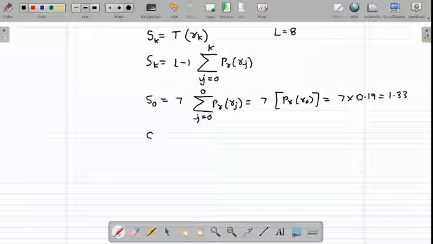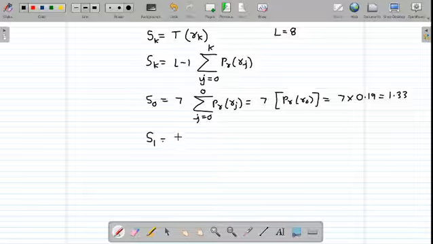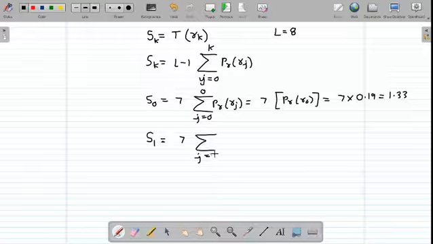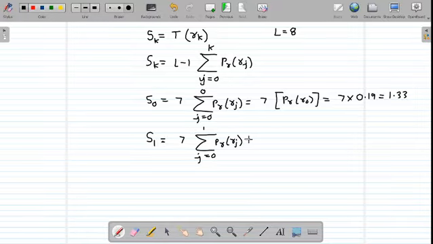Similarly you calculate for s1. Again L minus 1 is 7. Here the summation is from 0 to 1 since the value of k is 1. So it is 7 into the summation of PR of Rj; expanding this summation, that would be PR of R naught plus PR of R1.